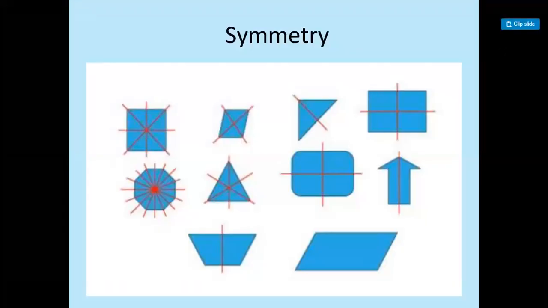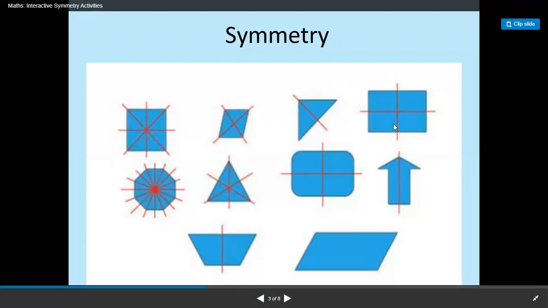Look, boys, you can see in this picture there are different shapes, and they are dissected with different types of symmetry lines. Some have two symmetrical lines, some of the shapes have only one. It differs from shape to shape.